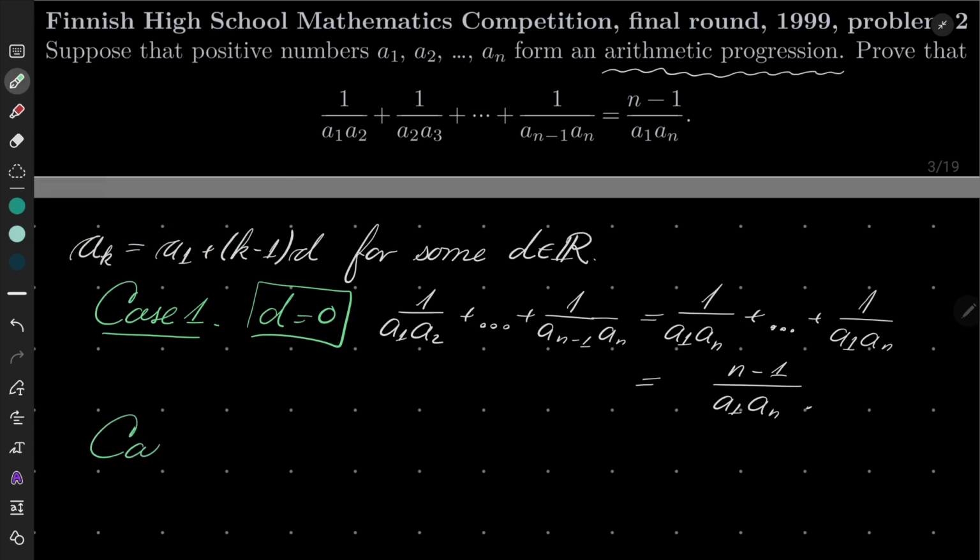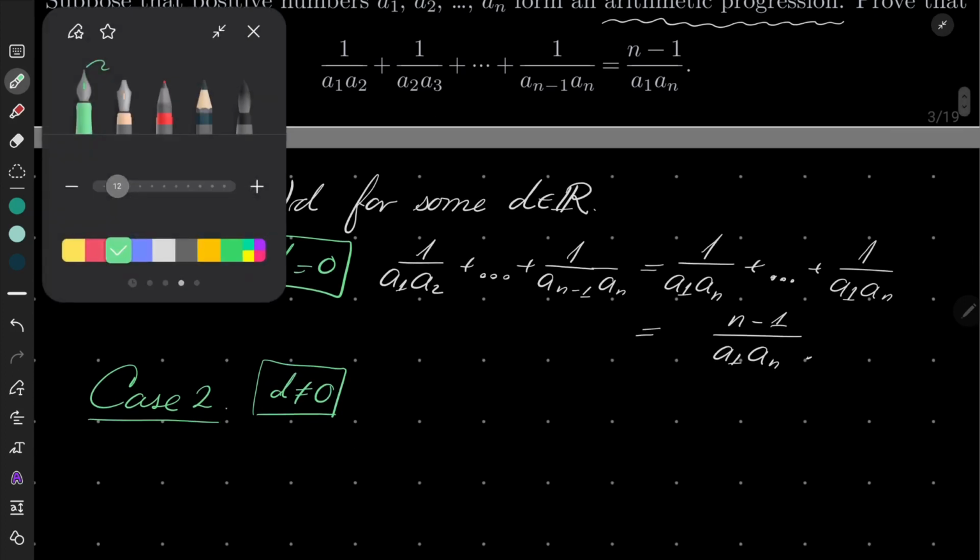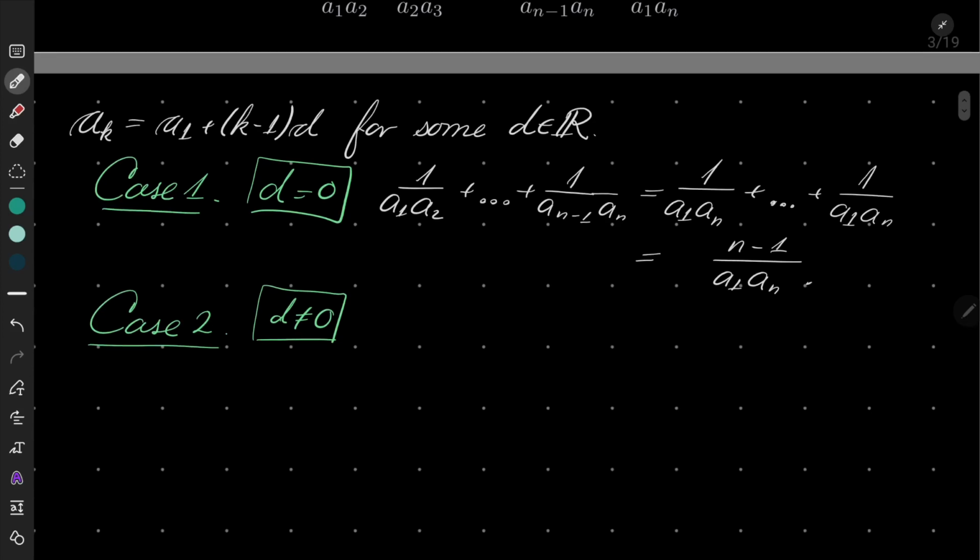Second case, case number 2, when d is not equal to 0. What happens then? I will write our sum using this handy sigma notation: the sum of 1 over ak ak plus 1.